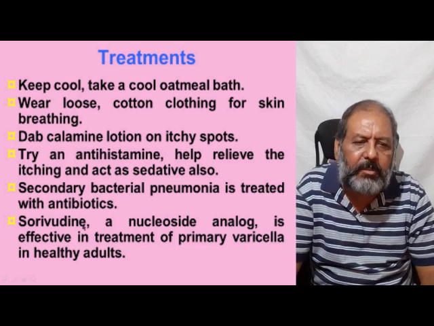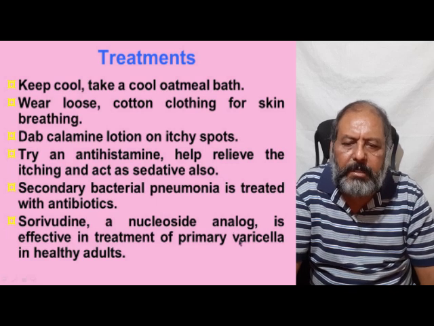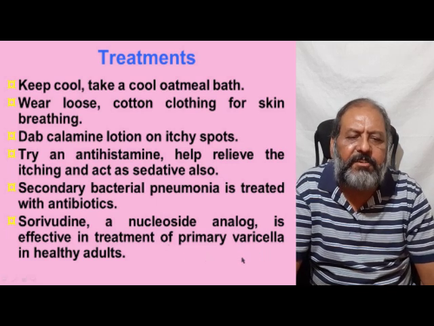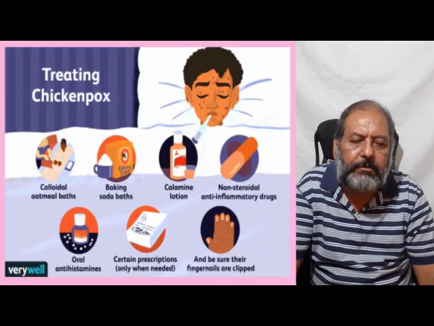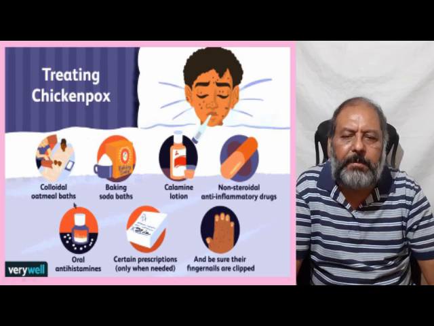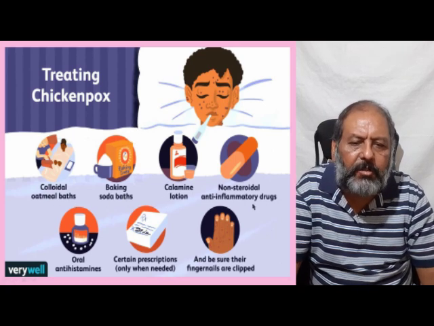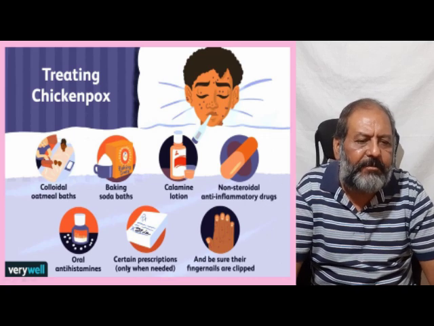Secondary bacterial pneumonia is treated with antibiotics, and acyclovir, a nucleoside analog, is effective in treatment of primary varicella in healthy adults.